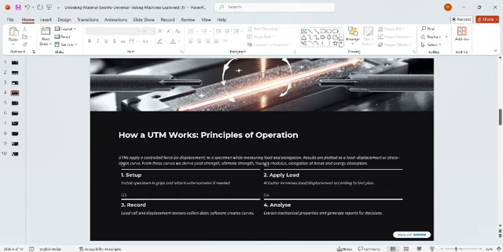We have a load cell and displacement sensors. With the load cell we calculate how much load is applied on the material, and the displacement sensors collect the data on how much elongation happens. Next, we extract the mechanical properties generated by the software from the collected data, and generate reports for our decisions.